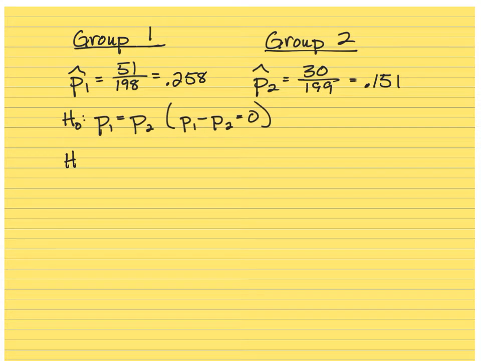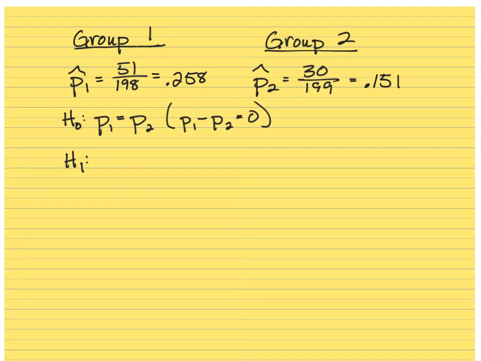The alternative hypothesis, or let me try that again, the H sub 1, is that there is a difference. Now, we're in the same boat as we were before. Sometimes we think P1 is going to be higher, sometimes we think it's going to be lower, sometimes we're going to think they are just not equal.